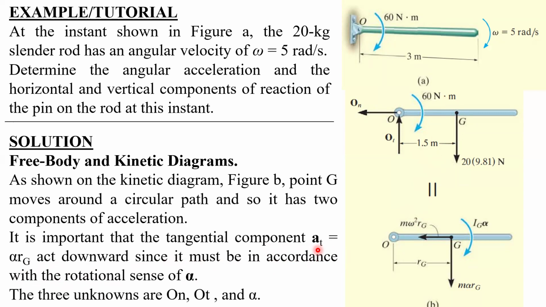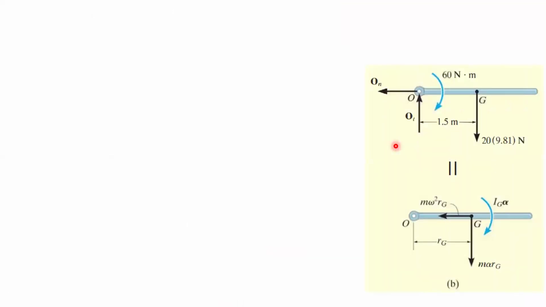So the three unknowns are On, Ot, and alpha, which is the angular acceleration.